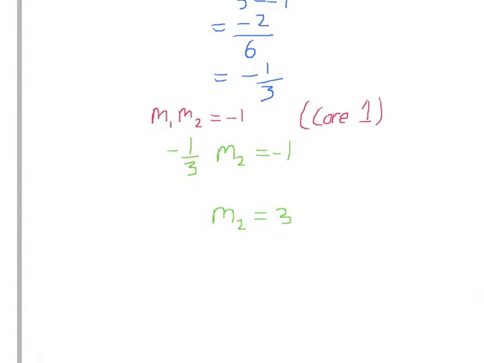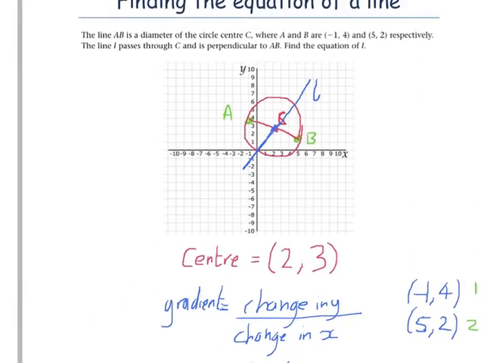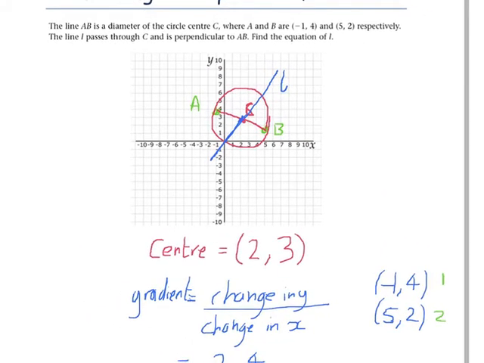So now, our line L, which we're asked to find, we now know has a gradient of 3. We're also told, remember, that it passes through the centre C. So on our diagram we know it passes through the centre C, and we found the coordinates for the centre of the circle, (2, 3).